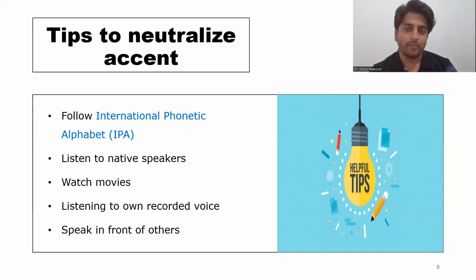Then after that, if you can develop some style of speaking the foreign language, you can record your own voice and then listen to it. It will be very helpful. And after that, you can go forward and speak with your friends, with other people. Right now, I will come back to IPA, or International Phonetic Alphabet.